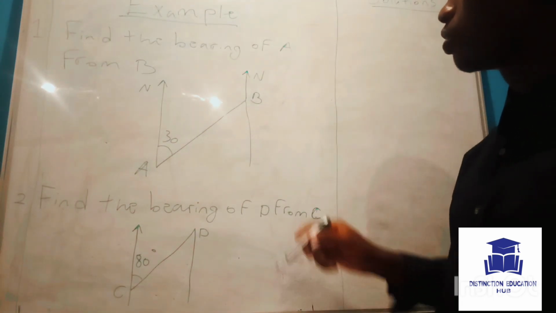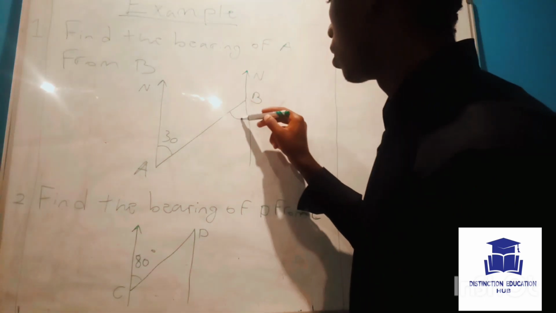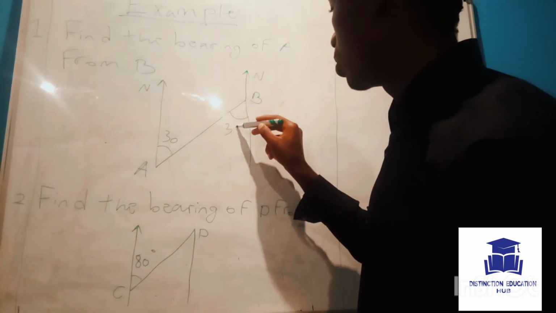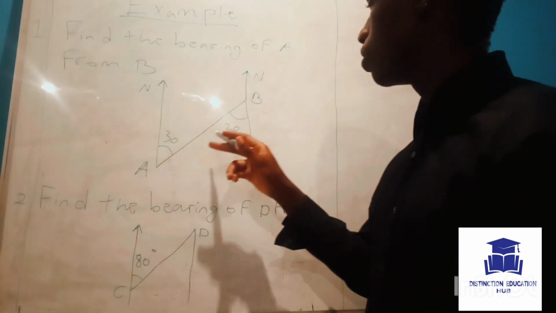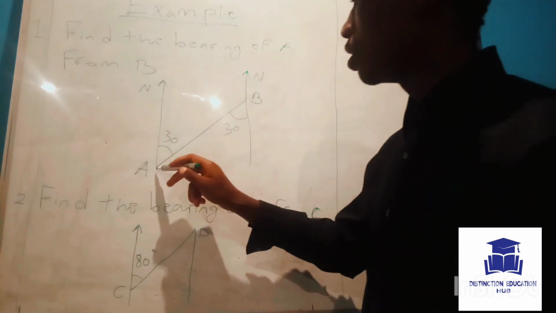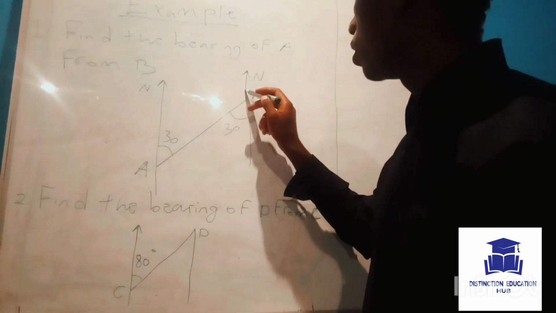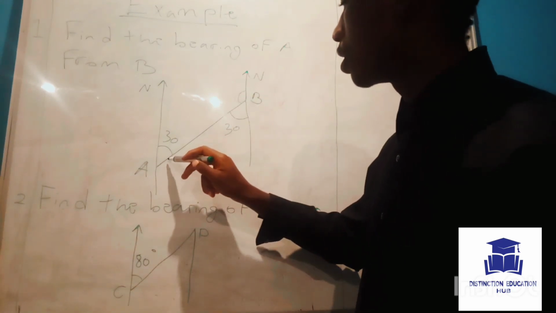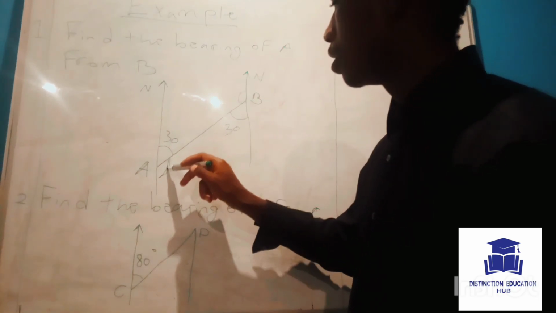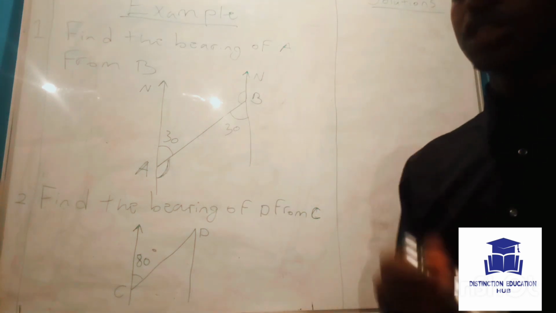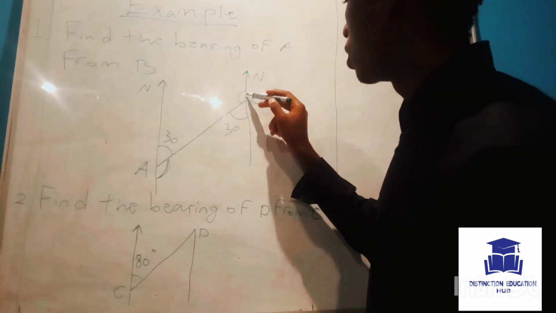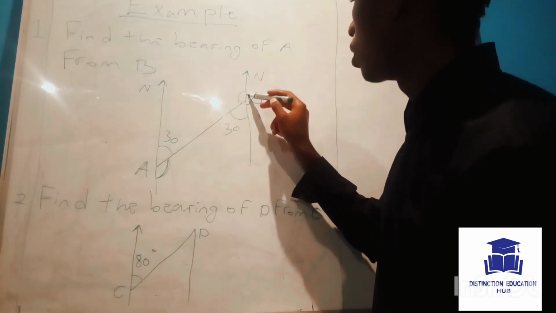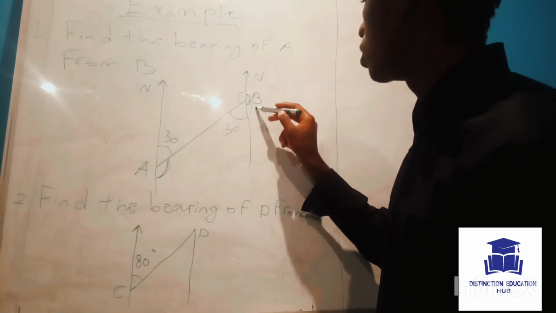And you can also find the angle here, which is 30. Remember, these are vertical angles, so this angle is equal to this angle, and this angle here is equal to this angle here. We also said a straight line adds up to 180, which means this angle here is 180.